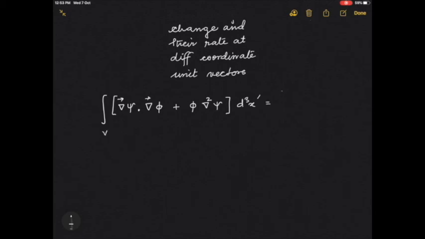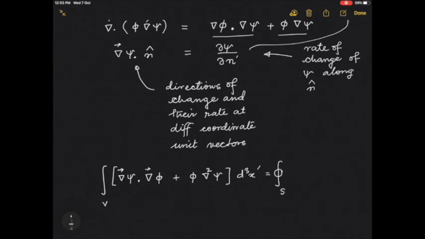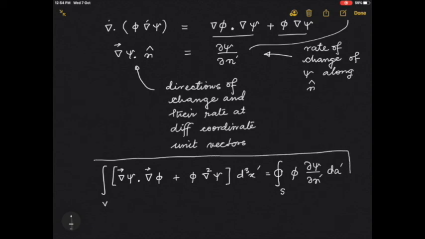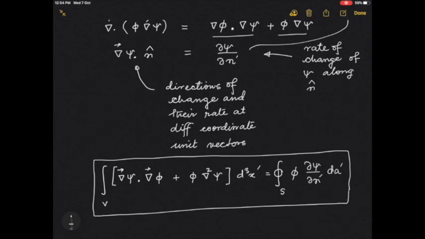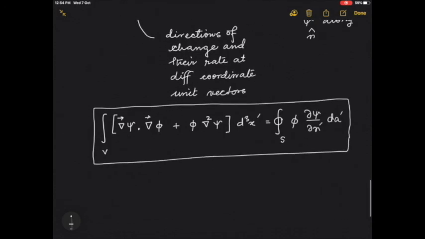That's a volume integral that is equal to the surface integral of phi, and grad psi dot n cap is del psi del n cap. This is another identity. This is called Green's first identity.